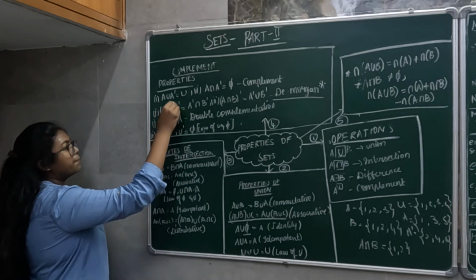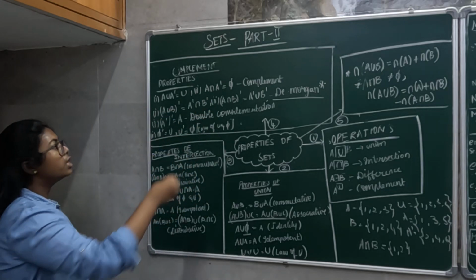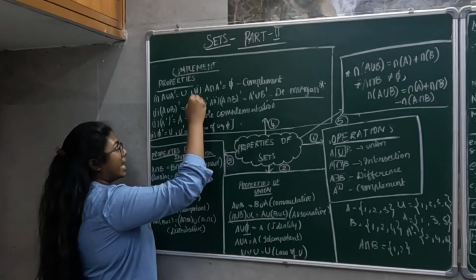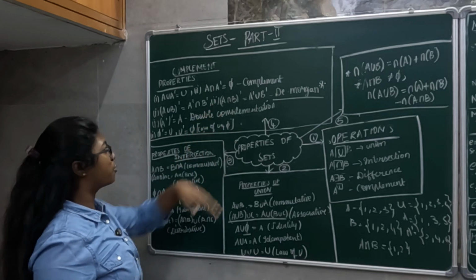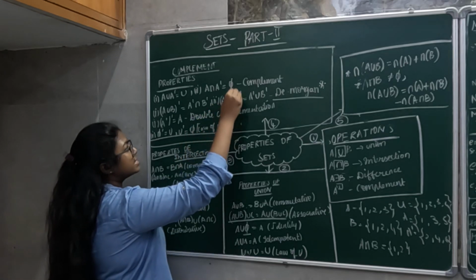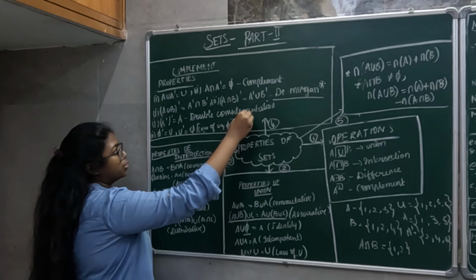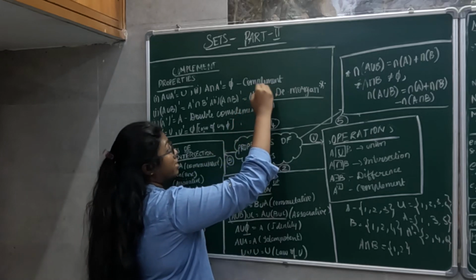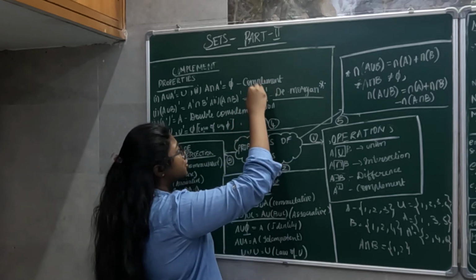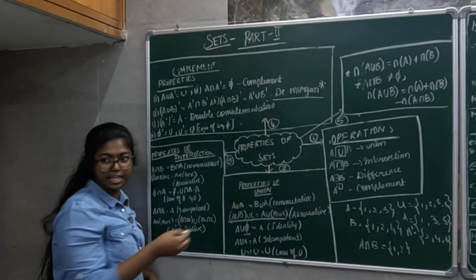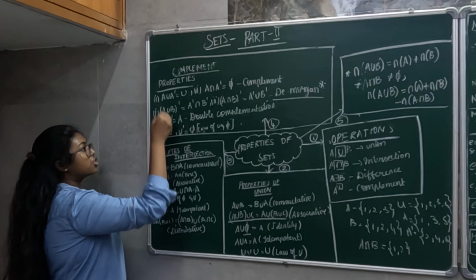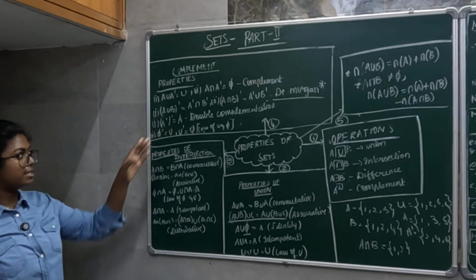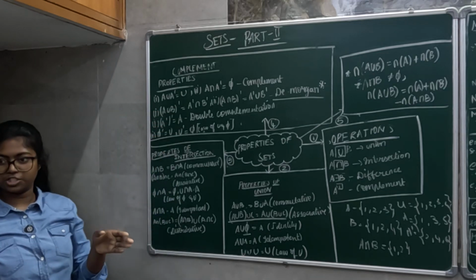Then A union B, the whole dash, is equal to A dash intersection B dash. And another formula is A intersection B, the whole dash, is equal to A dash union B dash. This is called De Morgan's law. The third one is A dash, the complement of A, that is the double complementation.